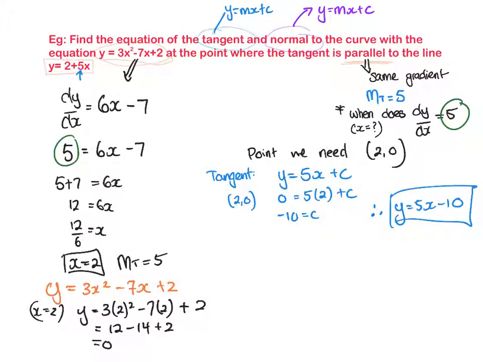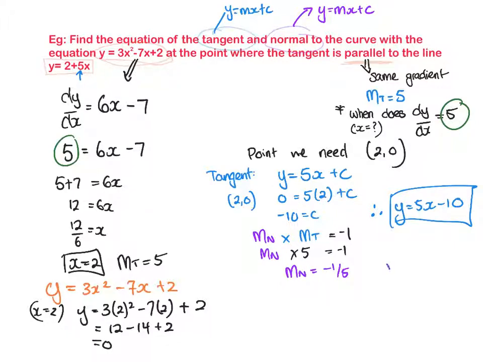And now I'm going to go find the normal, which is like the perpendicular. So to get the normal gradient, I know if I times it by the gradient of the tangent, it always equals negative 1. So you know that this is 5 and this is negative 1, so the gradient of the normal is equal to negative 1 over 5.